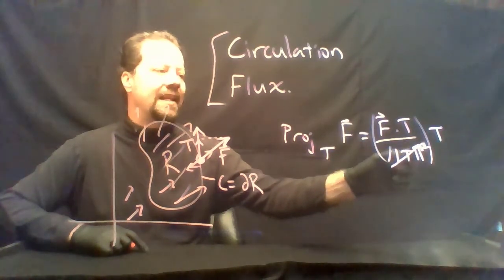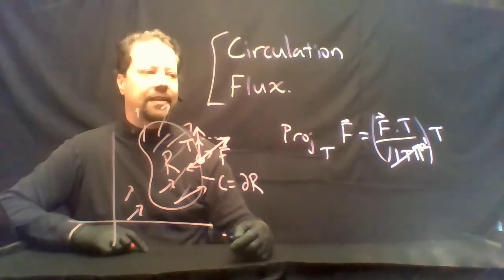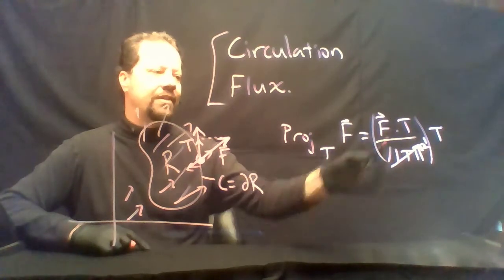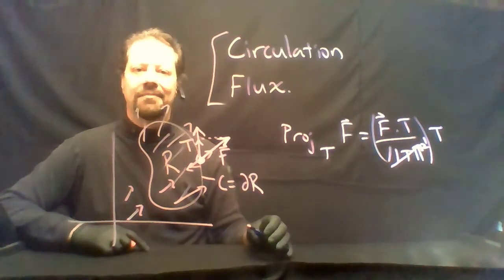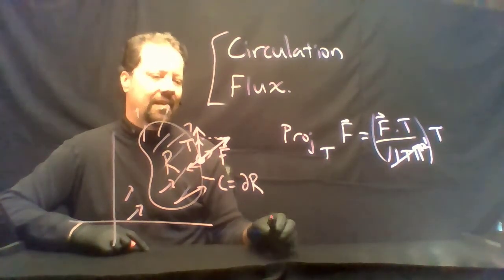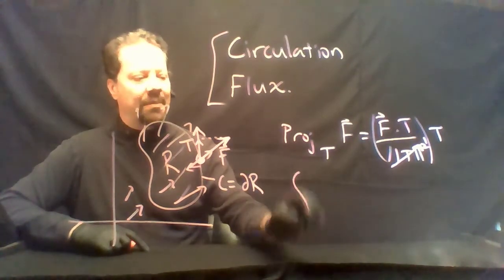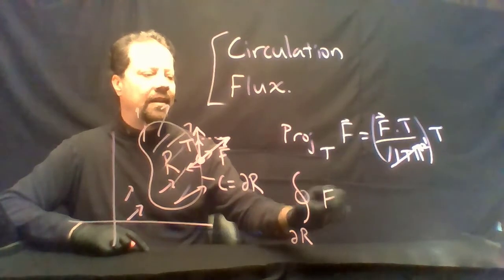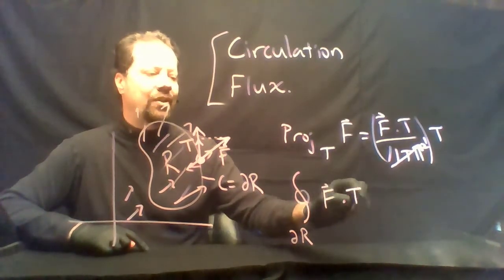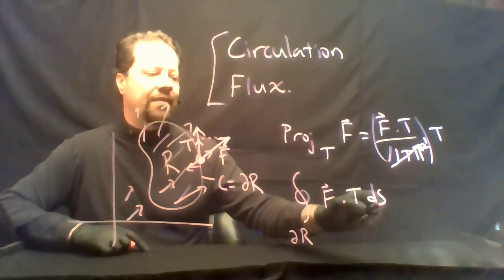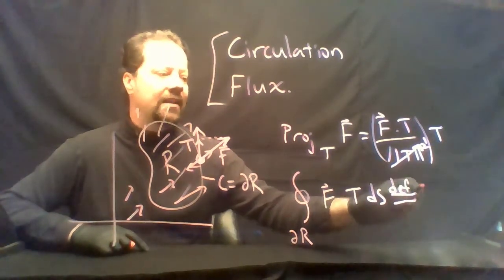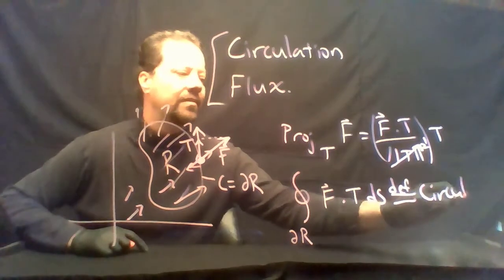The norm of t is 1 because it's a unit vector. So to get the component of f in the direction of t, you just take the dot product, f dot t. If we add up around the entire boundary of the region f dot that unit tangent vector, times an element of arc length, we get what is defined to be the circulation.